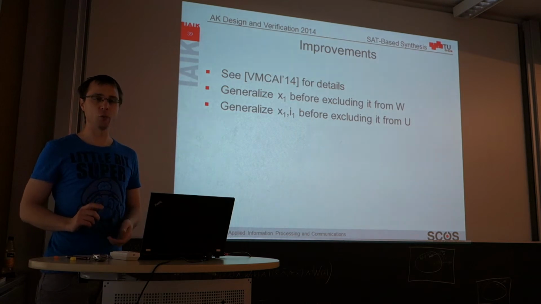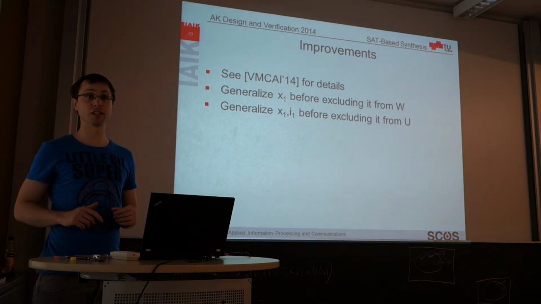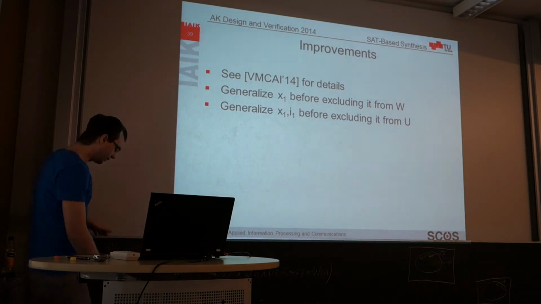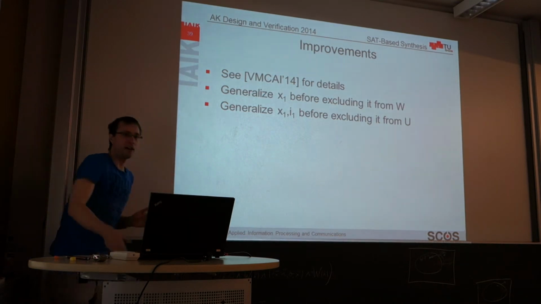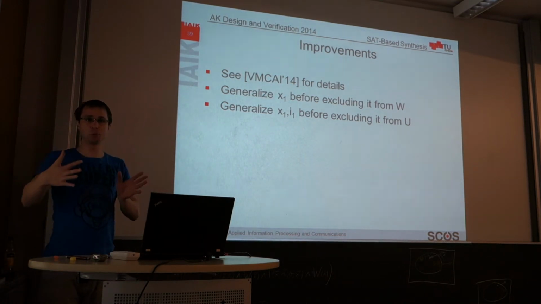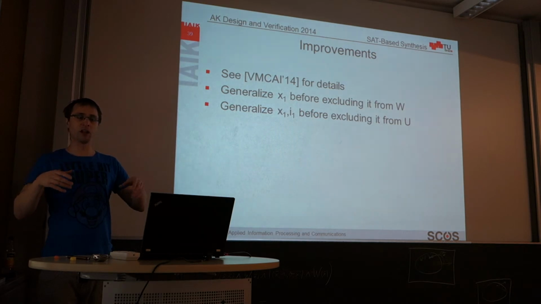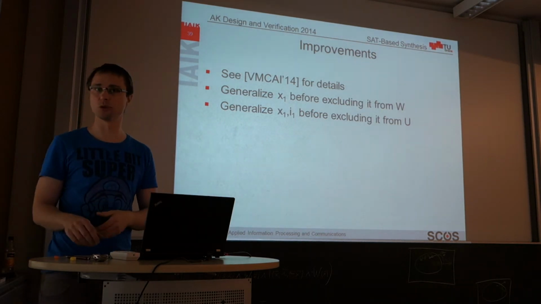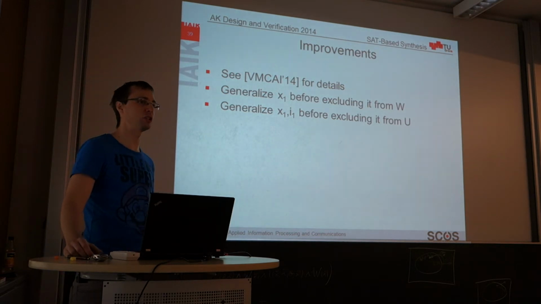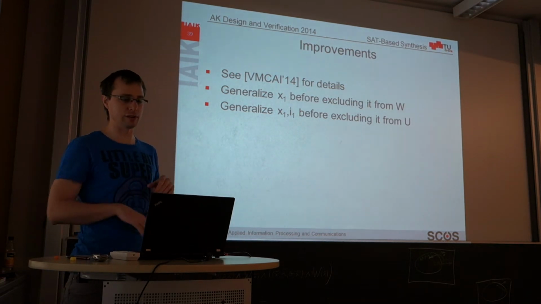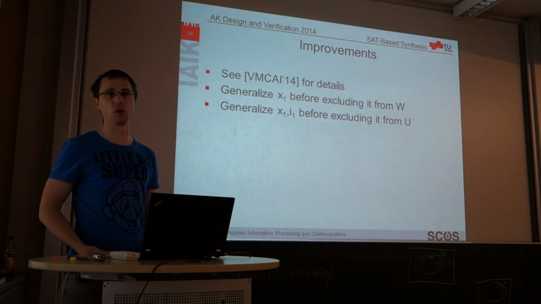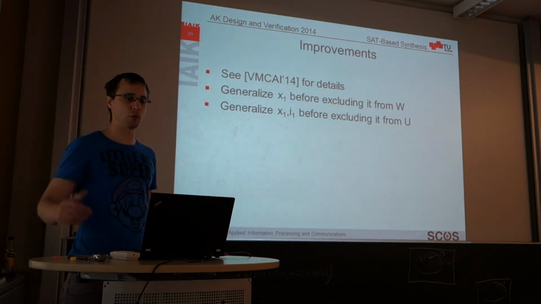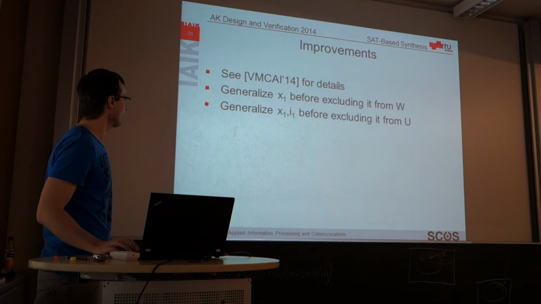And the same trick we also apply for updating U. Also, in this step here, where we exclude a certain state input pair from our set U, also here we generalize it into a larger set of state input pairs that should not be tried again. With the same trick we have already discussed before, namely dropping variables from our satisfying assignment.